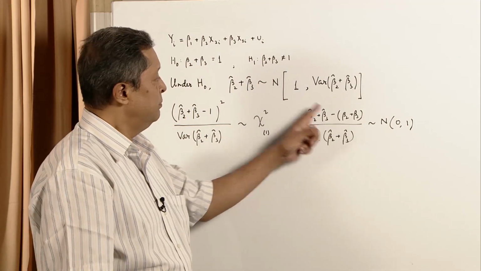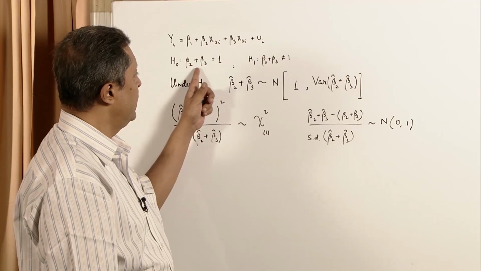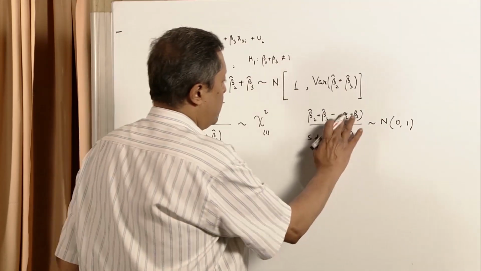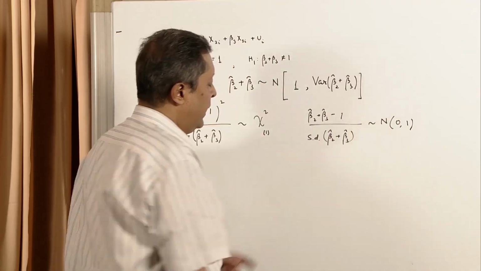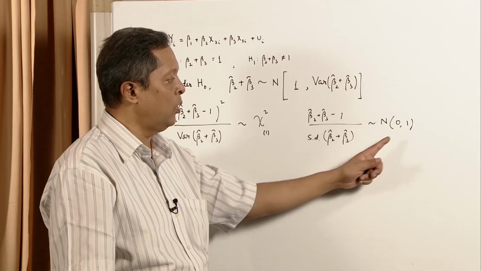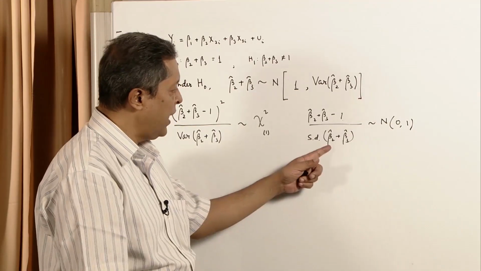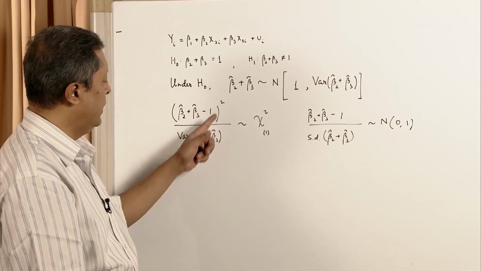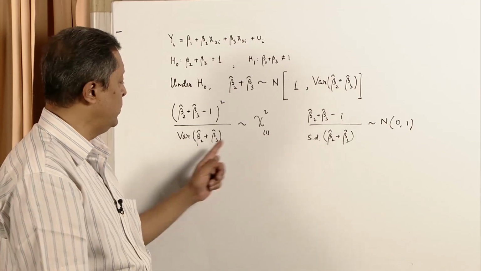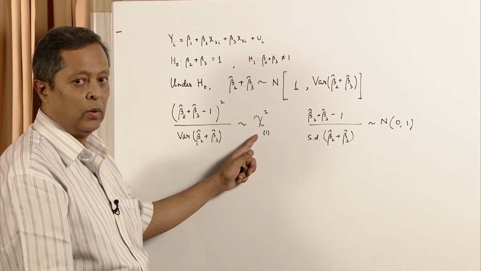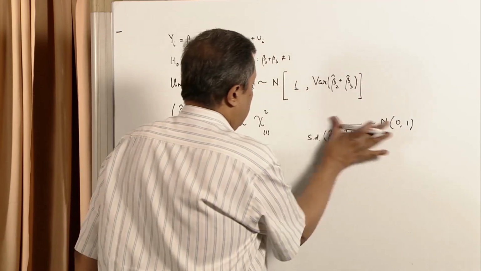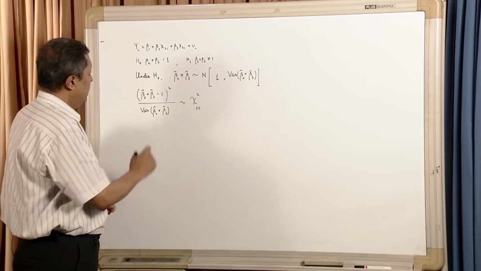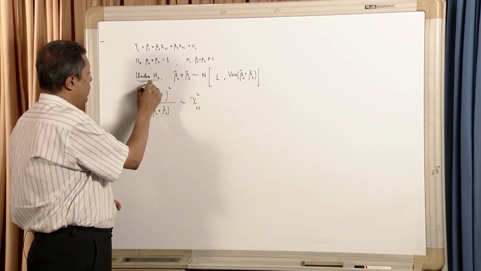Because we are considering H naught, beta 2 plus beta 3 equal to 1, instead of beta 2 plus beta 3 we put 1 here. So, under H naught this follows a normal distribution, and therefore the square of this, which is beta 2 hat plus beta 3 hat minus 1 whole square divided by the square of the standard deviation, which is the variance, will follow a chi-square. So, that is the first important information that we have. Remember, all this is under H naught.